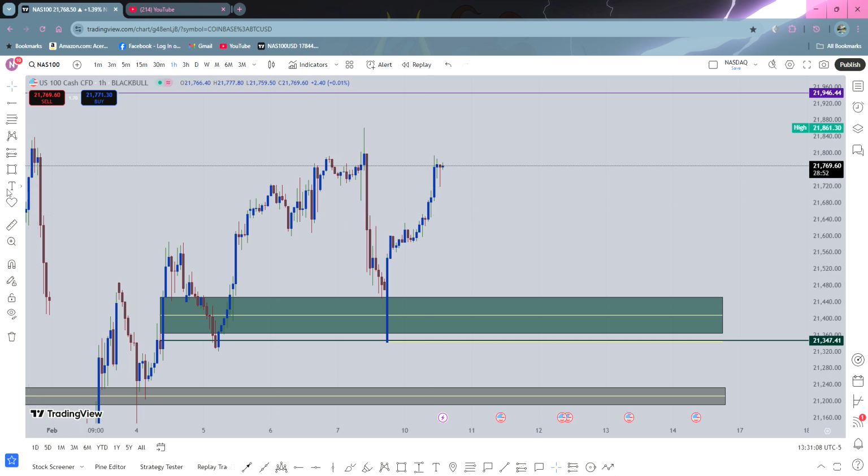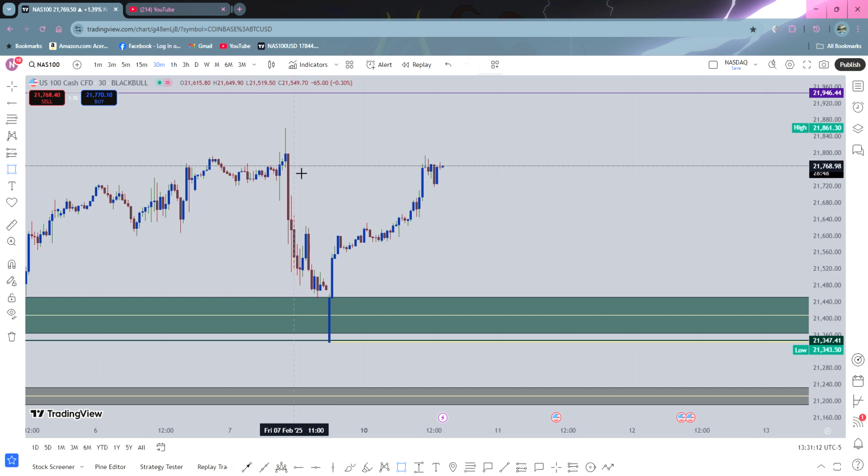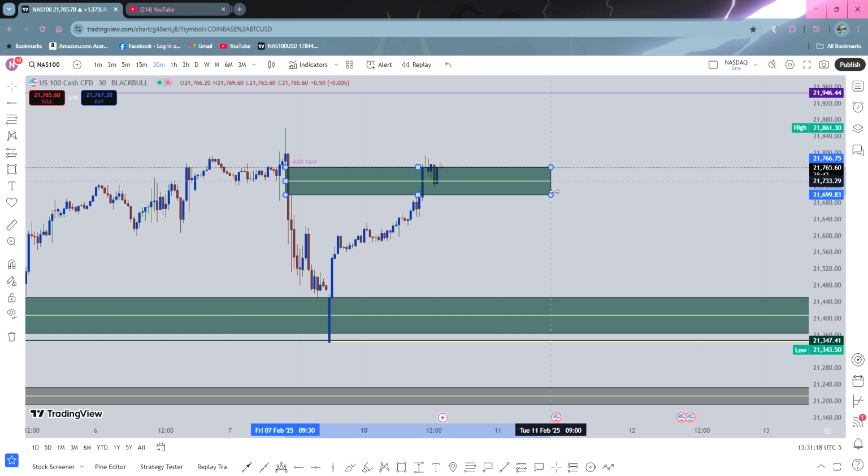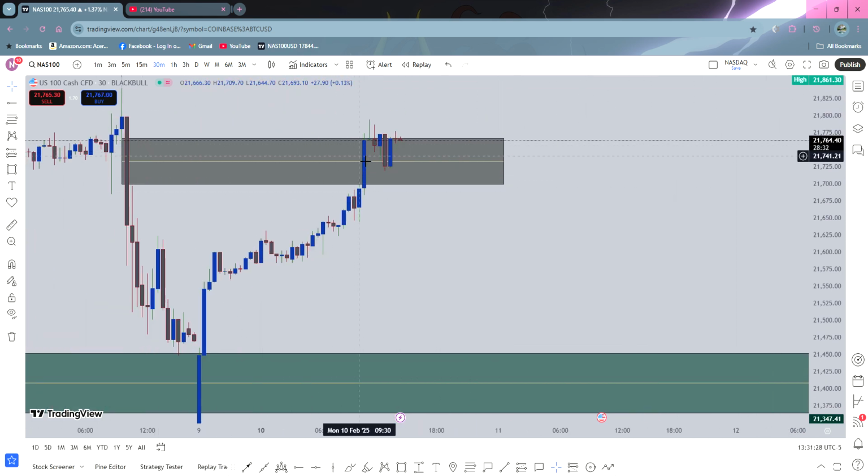So as we can see here, let's go to our 30-minute. All right, let's just mark this. Okay, I'll mark this for Tuesday. All right, guys. So as you can see, we closed above this fair value gap.